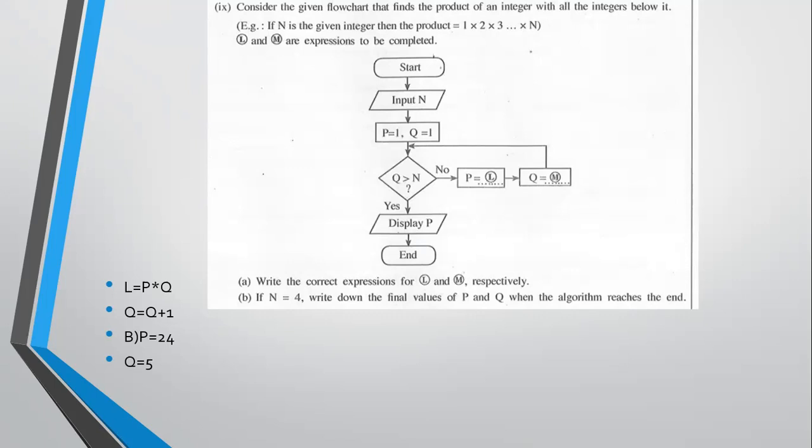L and M are expressions to be completed. You start with the start, input n. The required number we can input as n. First P and Q should be assigned to 1.